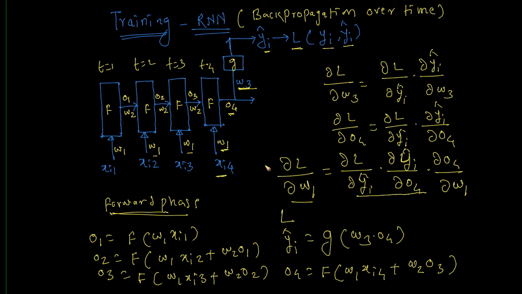Similarly, we can compute the derivative for W2. Now the problem here is, when we come back from this time step and compute the derivative of loss with respect to W1, we are going to multiply a lot of partial derivatives, one for each step.